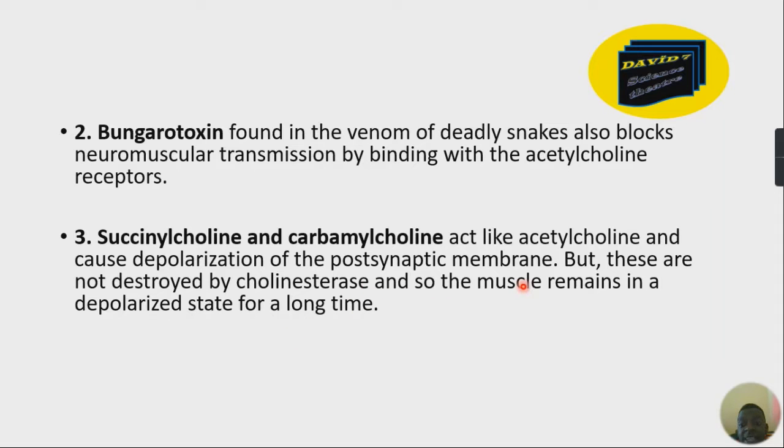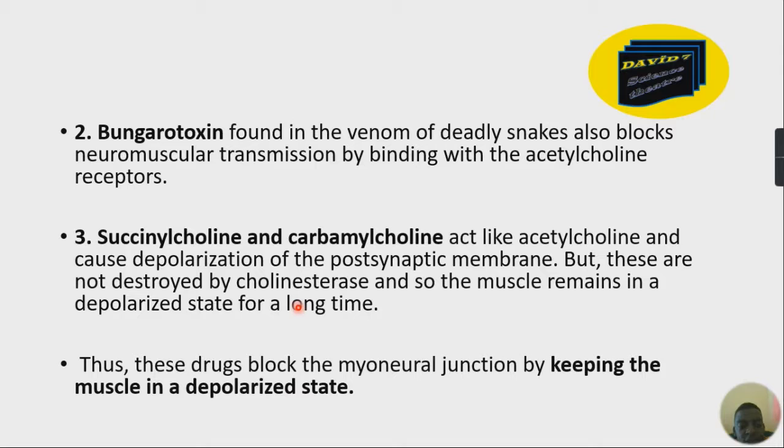These two drugs act like acetylcholine and cause depolarization of the membrane, but these are not destroyed by cholinesterases, so the muscle remains in depolarized state for a long time. Why am I calling them blockers? Because these drugs block myoneural junction by keeping the muscle in the depolarized state. When the muscle does not relax, then it can't be re-stimulated to contract.